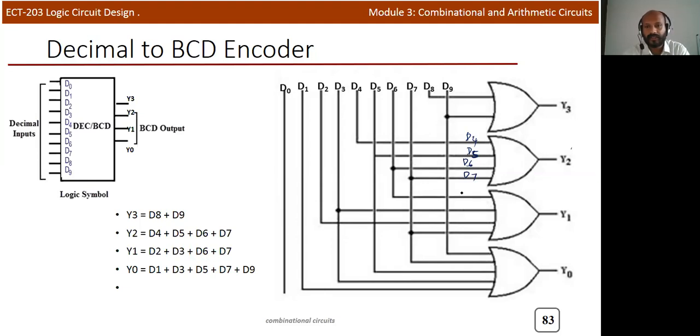So you can check, this is D6 and this is D3, and D7 is also connected, and this is D2. Okay. And in the last case, Y0, odd values: D1 is here, this is D3 and this is D5, this is D7 and this is D9. Okay, D0 we don't need to connect to any output line.